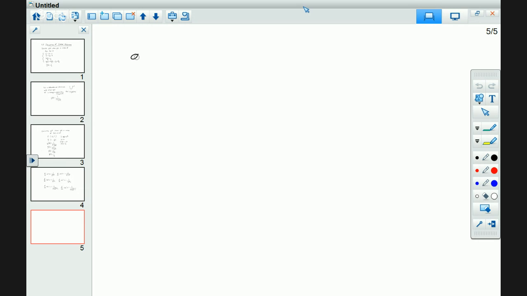Right, let's calculate. Notice that it's not just x here. So on the outside function, inside function, it's a chain rule problem. So we have outside and inside.